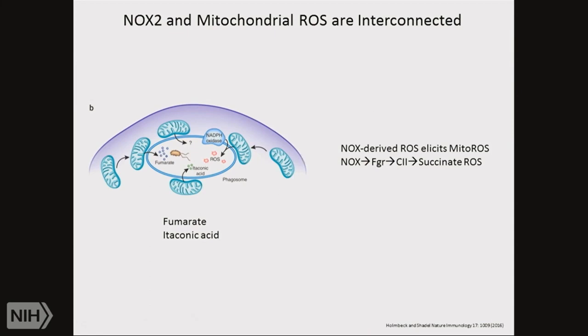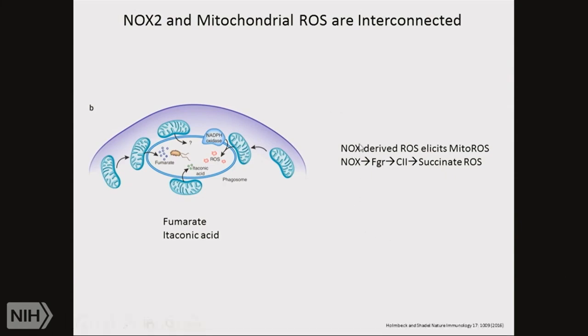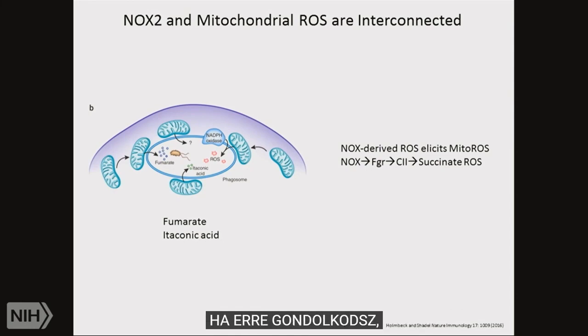In fact, there was a wonderful story that suggested that ROS produced by the NADPH oxidase is actually directly involved in eliciting mitochondrial ROS. So these two systems are talking to one another, and it makes perfect sense that the geared up mitochondria will cooperate with the NADPH oxidase to push the ROS production, get everything into the phagosome and make sure that we can kill the cells.